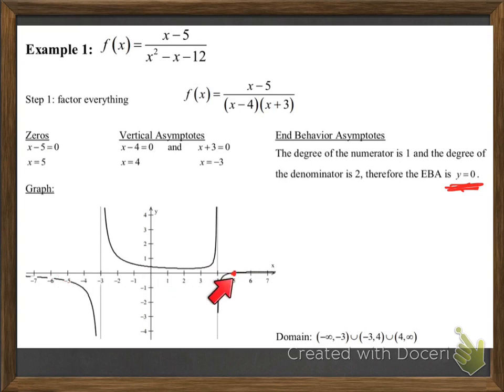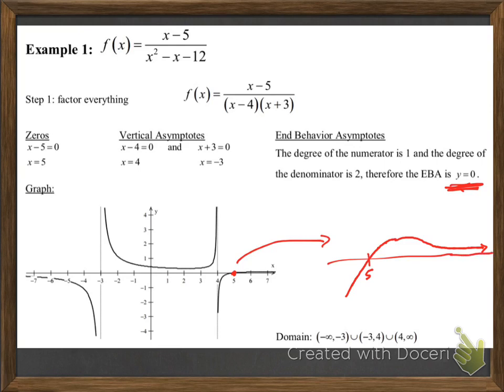Now, you'll notice that we also have a 0 right here. So what actually is happening at this point is this right here. Our graph is coming above and it's crossing right there at 5, but then it's coming back towards the x-axis.